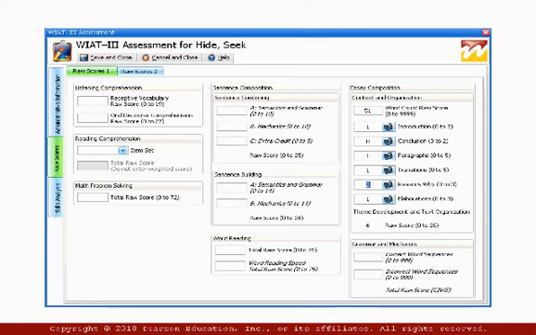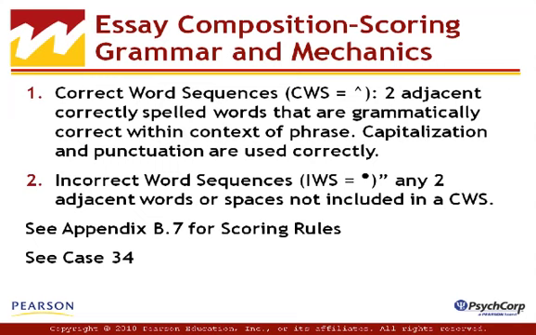In situations where I believe, especially that hide-and-seek essay that I just showed you, it's clear that there are some syntax and grammar components that we want to look at. Also at the second essay that I showed you, a number of misspelled words. So certainly we're ignoring grammar and mechanics to some extent when we're evaluating theme development and text organization, but we're not going to ignore it completely, especially if it impacts the individual's performance.